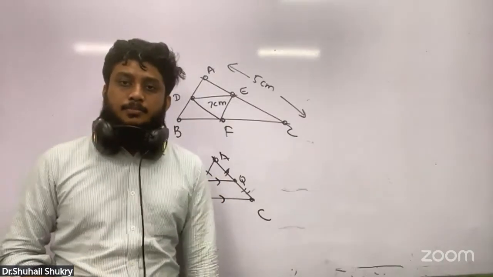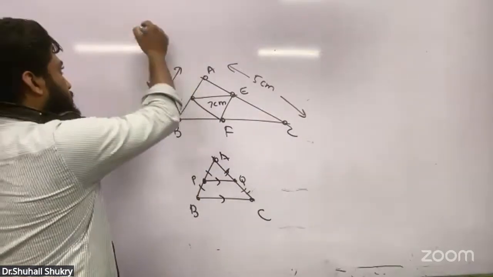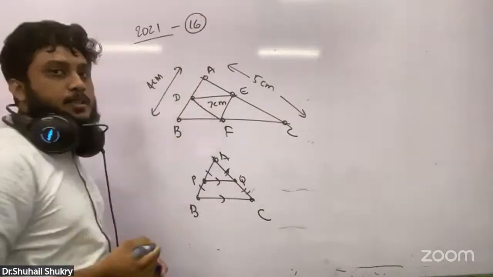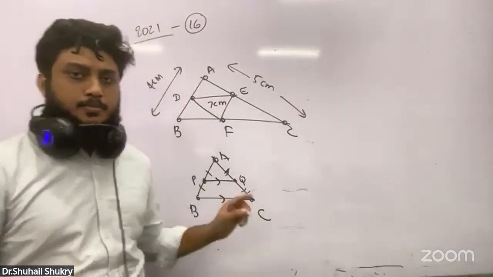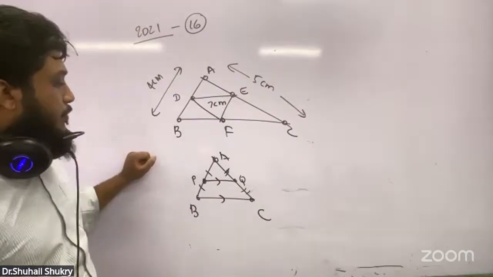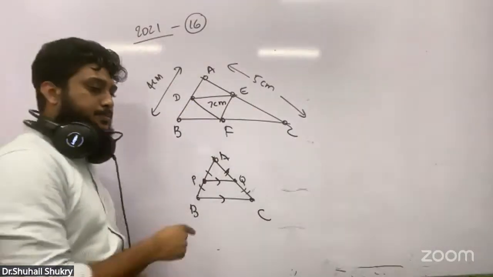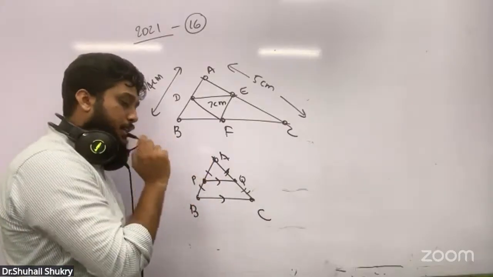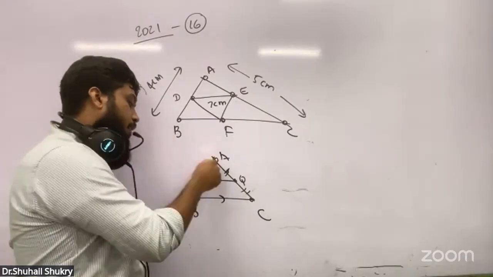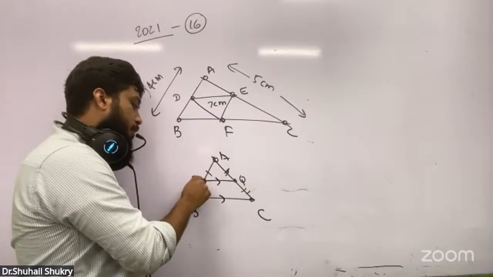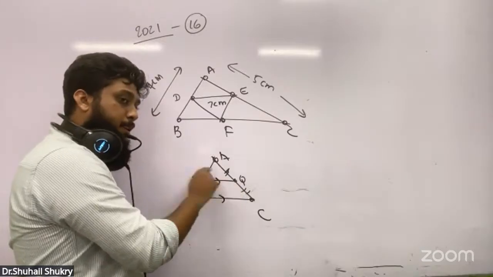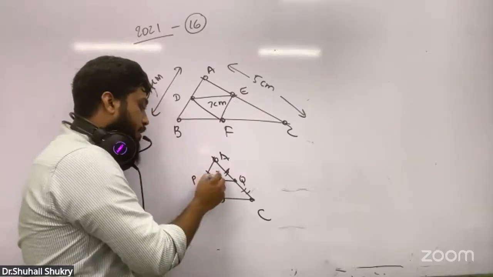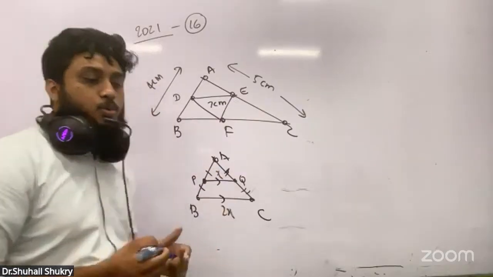So the first thing in the theorem is, if there is a triangle and you join a midpoint to another midpoint, these both are parallel. The second rule is, this one is x, this one is 2x. We have only these two rules.